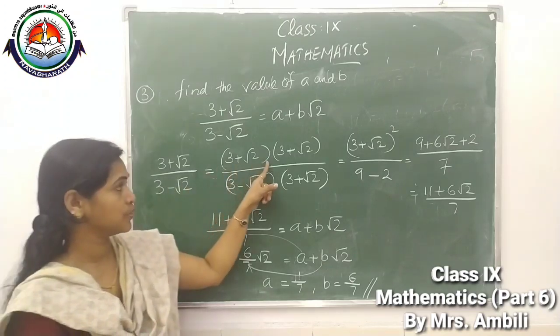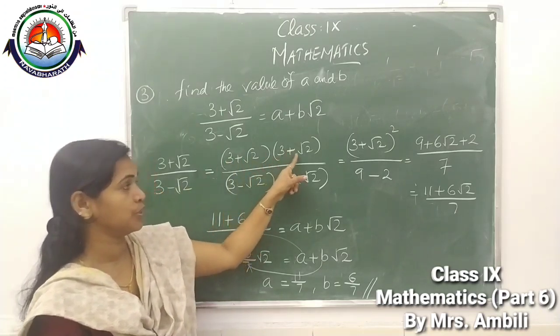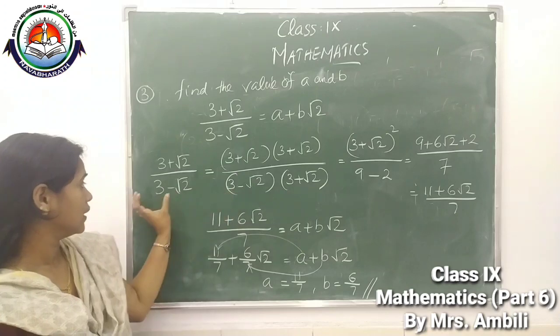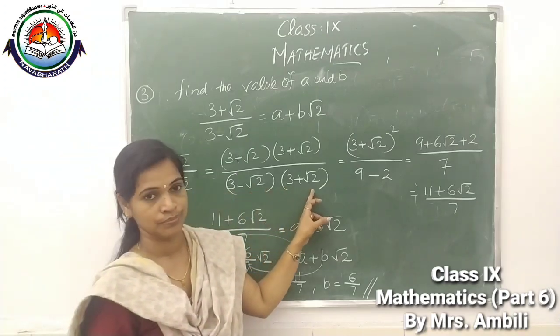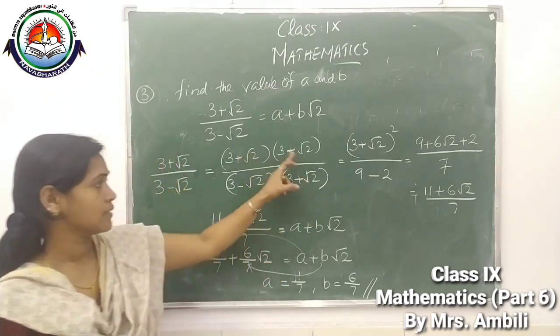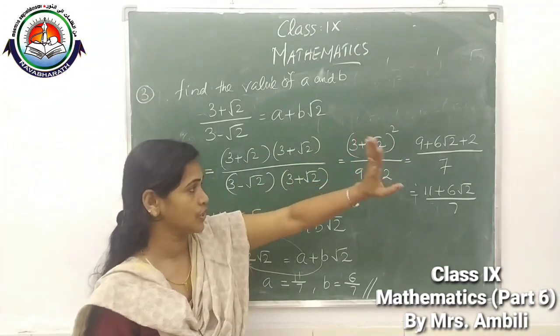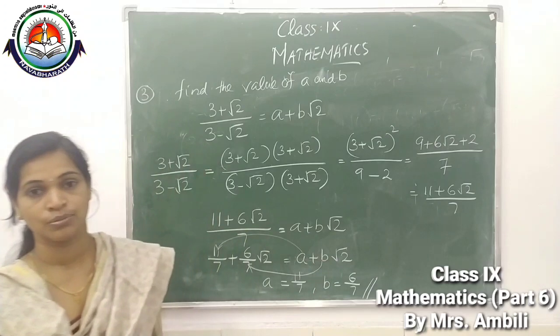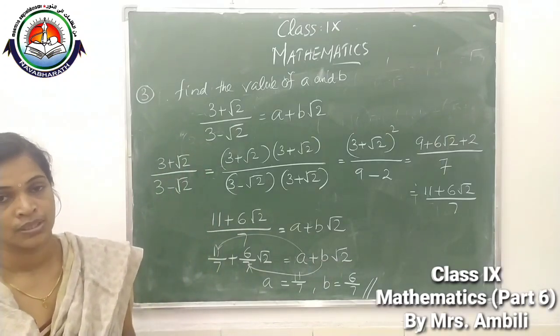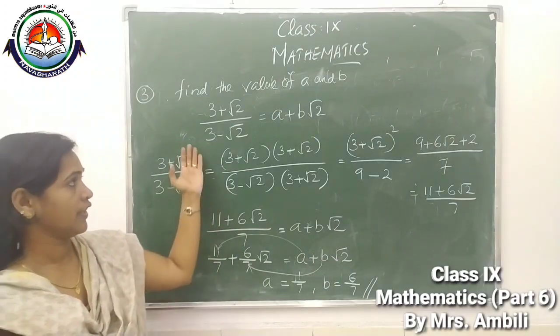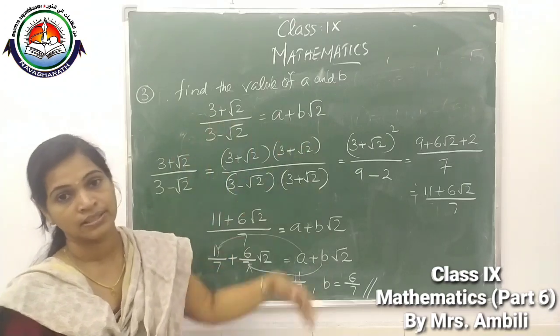Both the terms in the numerator are equal, so we write (3 + √2) whole square and expand it. After that you will get (11 + 6√2)/7. That is the LHS.